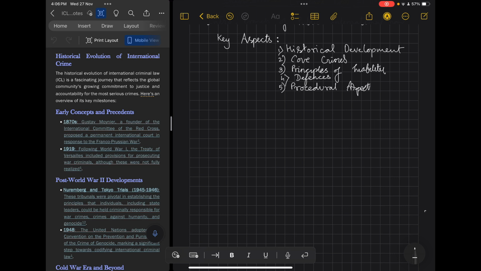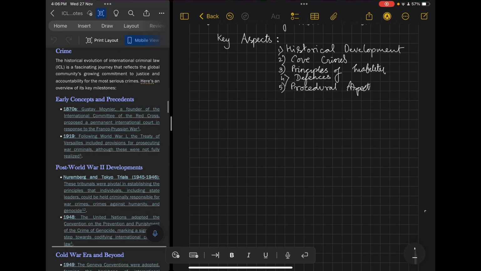Historical evolution of international criminal law. The historical evolution of international criminal law is a fascinating journey that reflects the global community's growing commitment to justice and accountability for the most serious crimes. Here's an overview of its key milestones.